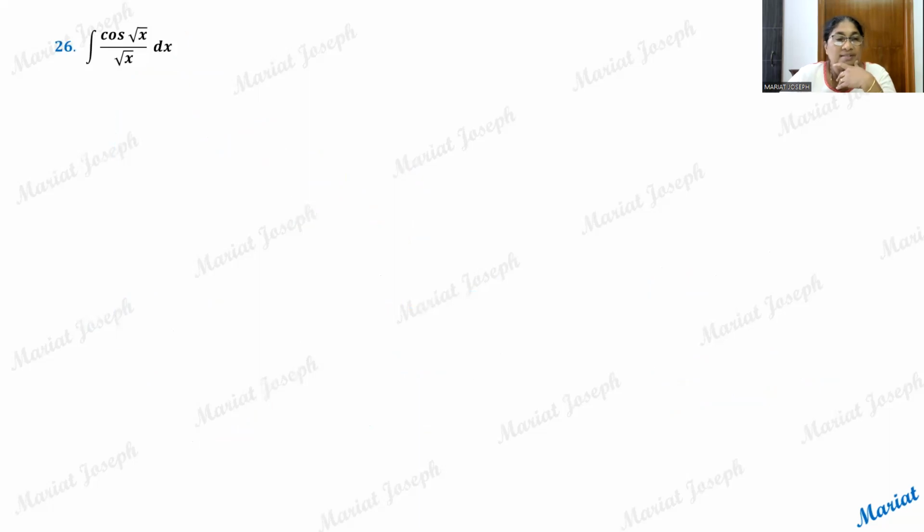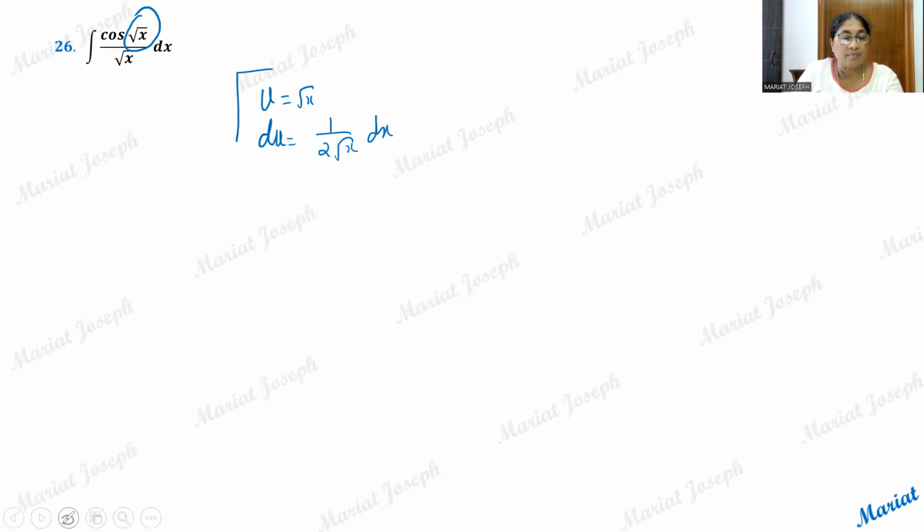Moving on to question 26. Take the substitution. This root x, u equal to root x. And the derivative du is 1 upon 2 root x dx. You have 1 upon root x dx here. So we don't want that 2 over there.